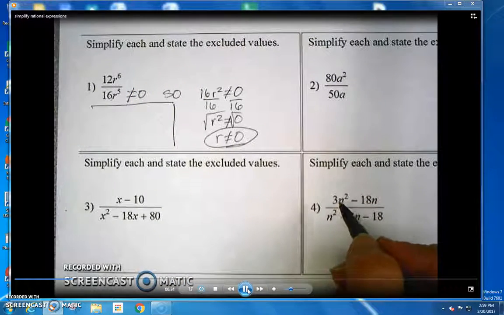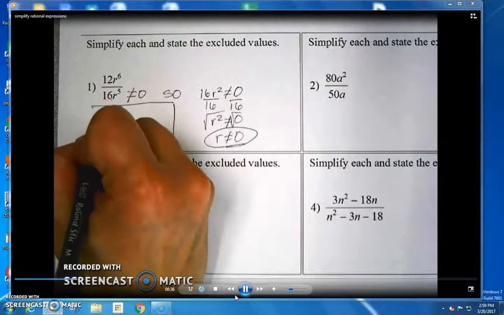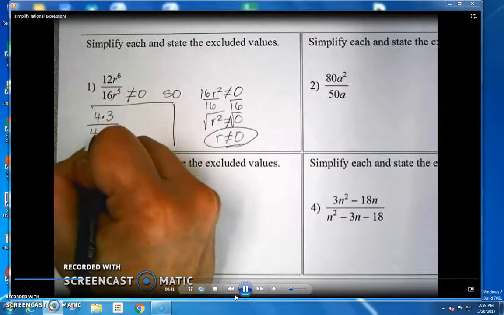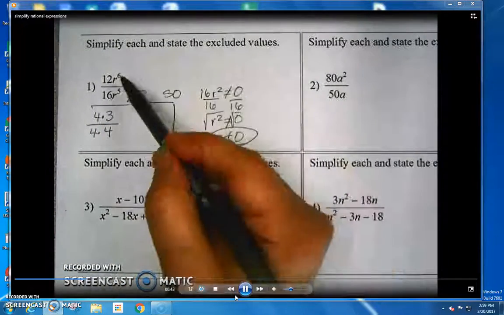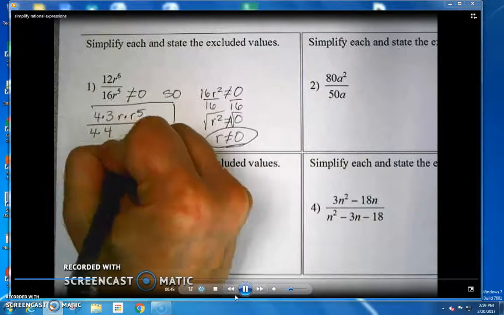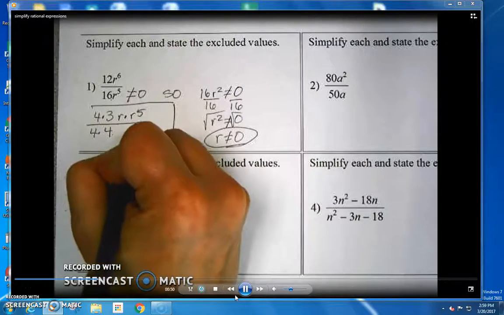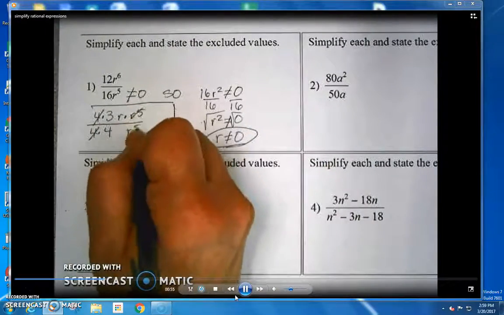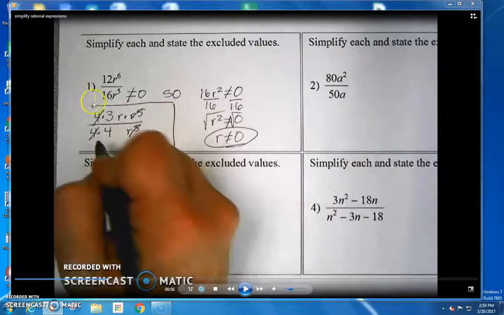That's the next step. We're going to find common factors between the numerator and denominator. The common factor is 4 and r to the 5th. And you can see that if I cancel out 4 and r to the 5th, what I'm left with is 3r over 4. Now keep in mind, what I did there was I broke 12 down and got 4 times 3. 16 is 4 times 4.